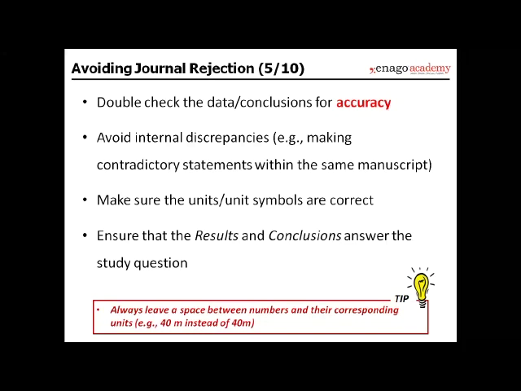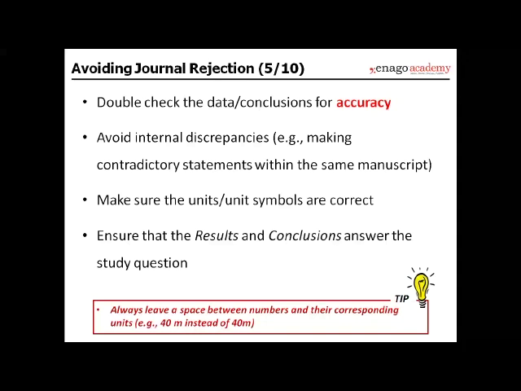You also need to ensure that the results and conclusion indeed answer the study question, because if they don't, then again, that increases the chances of rejection. Because if you state that this is the problem I'm trying to address, and then your results and conclusion talk nothing about that problem, then again, the reviewers will instantly reject the manuscript. Here's an example.